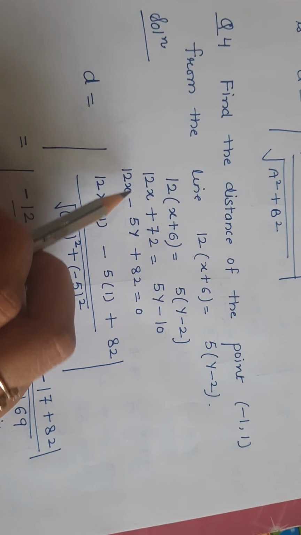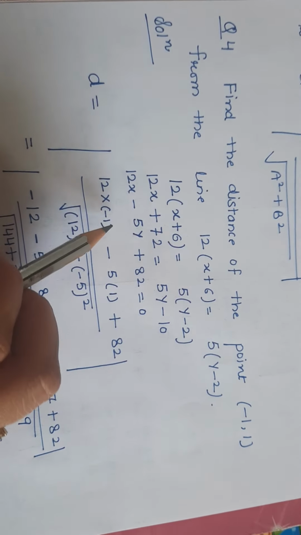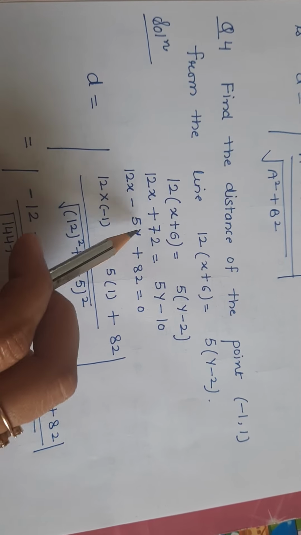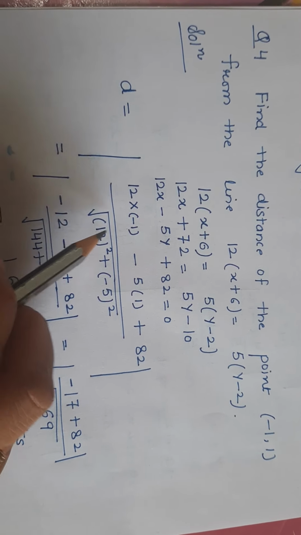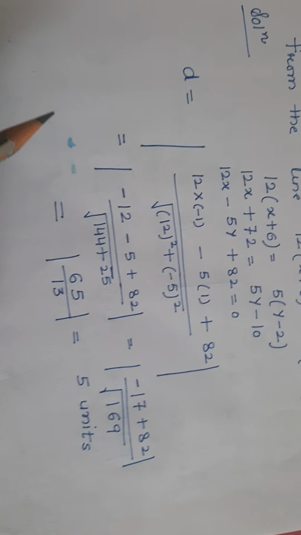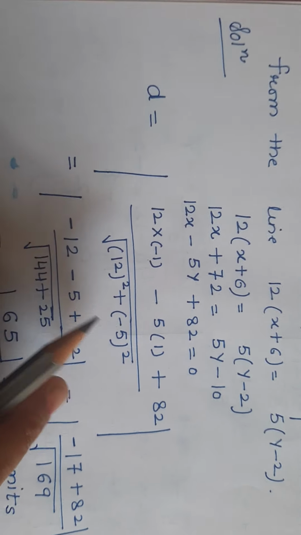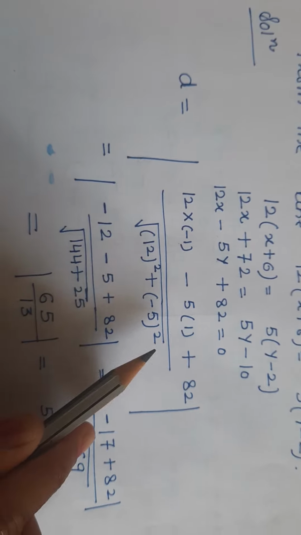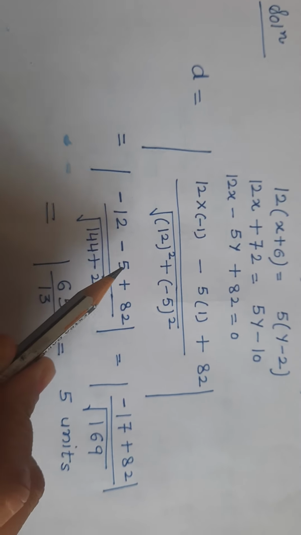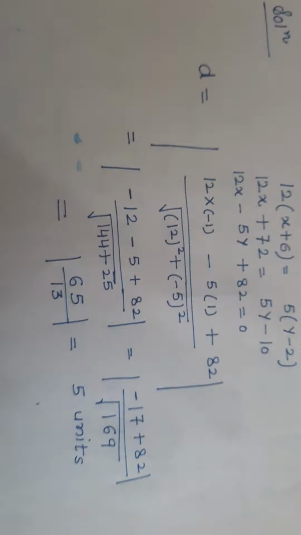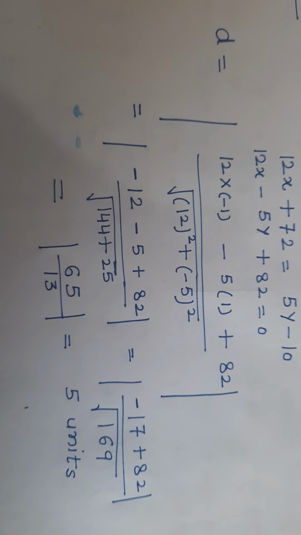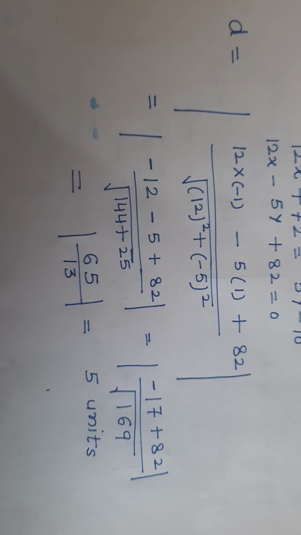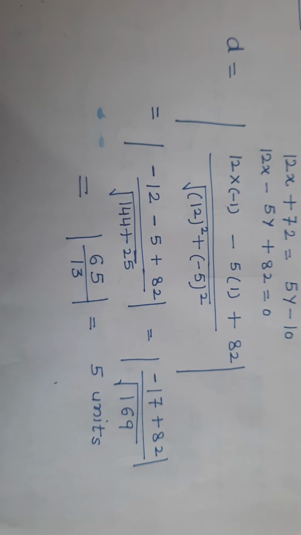Take mod of 12 into x1, here minus 1, minus 5 into y, which is 1, plus 82, divided by the square root of 12 square plus minus 5 square. So this is minus 12 minus 5 plus 82 divided by root of 144 plus 25, which is root 169. So this is 65 by 13. Answer is 5 units.